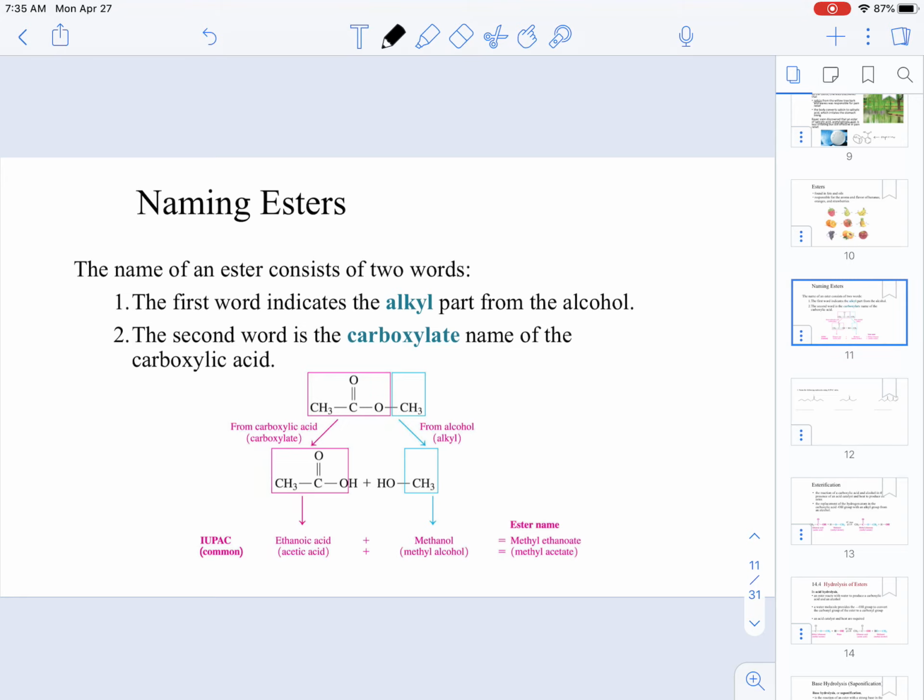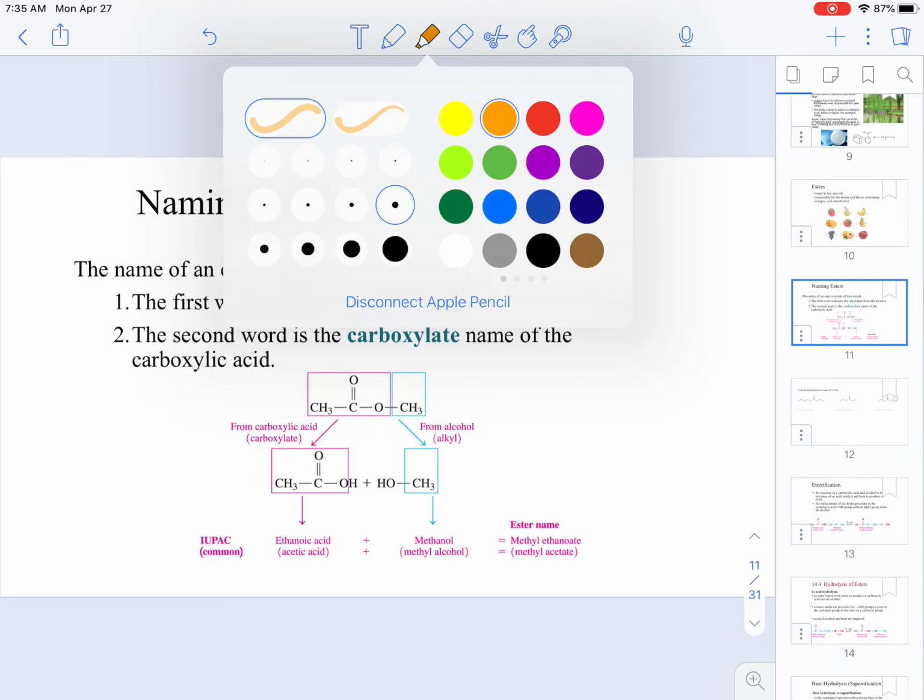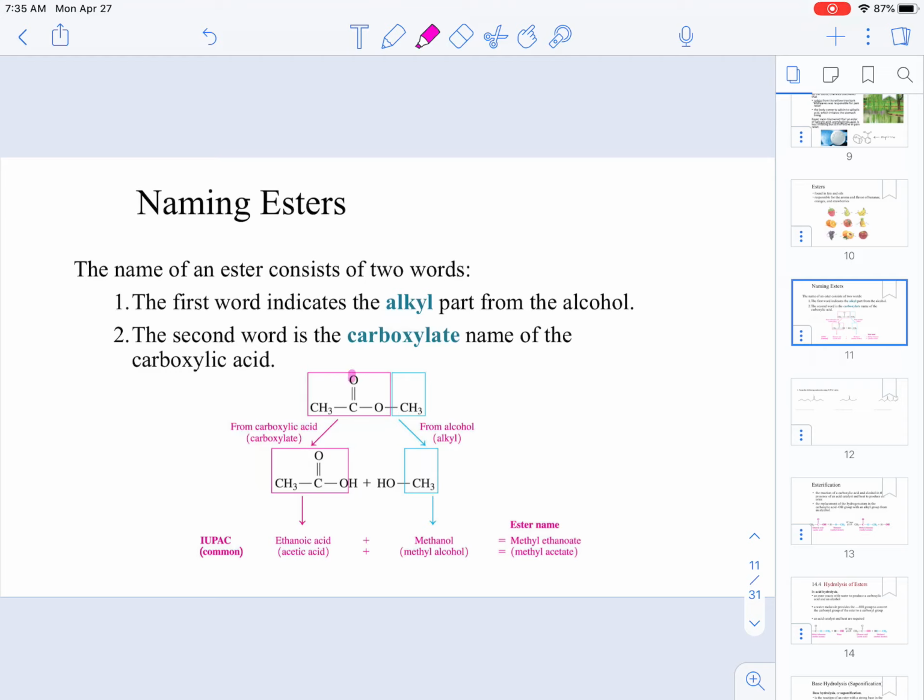Remember that an ester has the signature of a C double bond O bonded to oxygen, and that oxygen must be bonded to carbon. So whenever we're naming an ester, you select the portion that is bonded to the single bond oxygen, which is the one on the right in this ester as written, and we separate it from the portion that comes from the carboxylate.